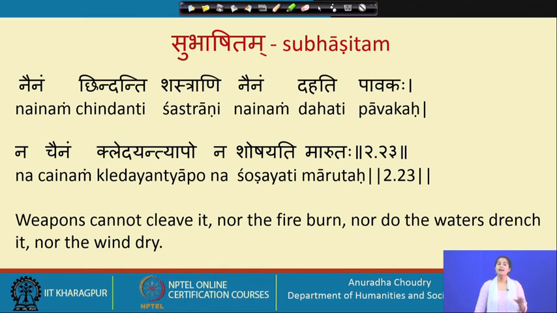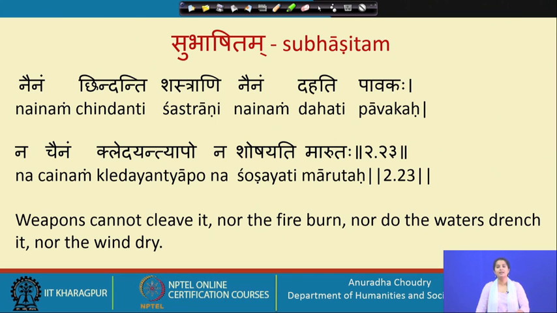He says, Nainam chindanti shastrani. So na enam, to this, weapon; shastrani is weapons, chindanti, they cannot destroy it. Nainam dahati, dahati burn, pavakaha, fire also cannot burn it. Na chainam, na cha enam, together, so not for this.